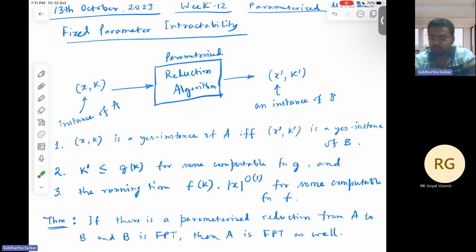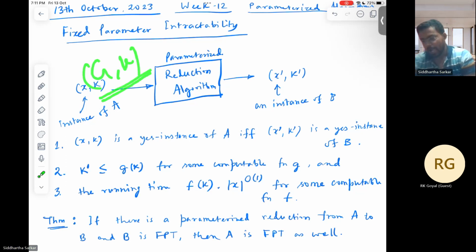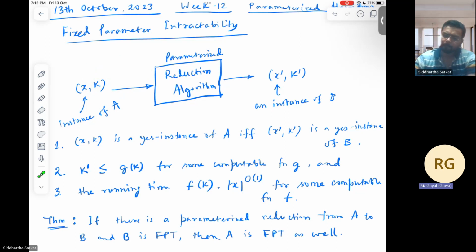For example, in vertex cover, we ask whether there is a vertex cover of size k or not. Does this mean that before this value of k the problem is tractable, and beyond this parameter k the problem all of a sudden becomes computationally difficult to solve? No, it doesn't mean so.